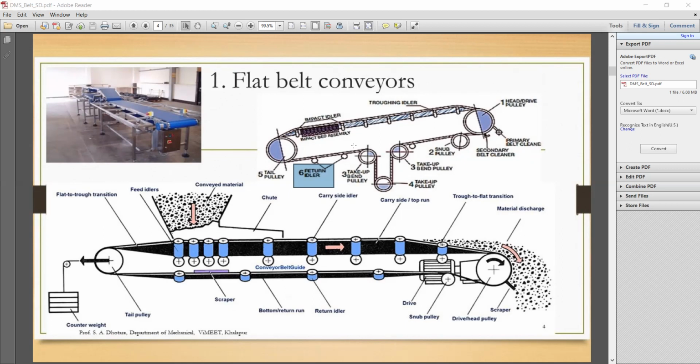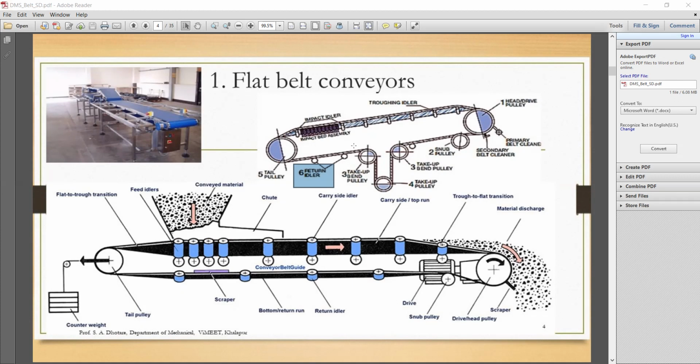In the lower run, the belt is empty and the idlers are only used to just take a support. So that's why the number of idlers varies in the upper run and lower run.